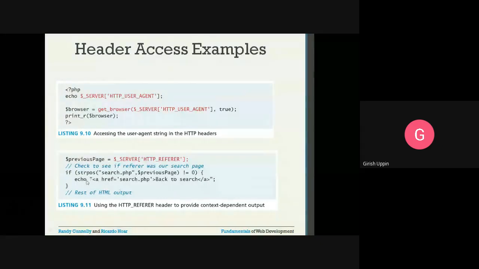So $previous_page, here you are checking the HTTP referrer against your search page. strpos is the method available in PHP which will look for this in the document, and wherever it finds the first instance, that position will be returned.